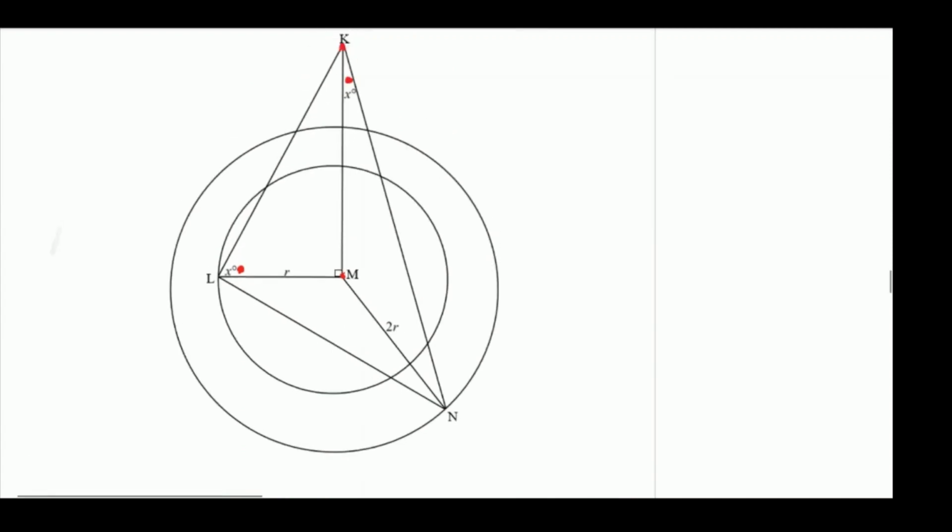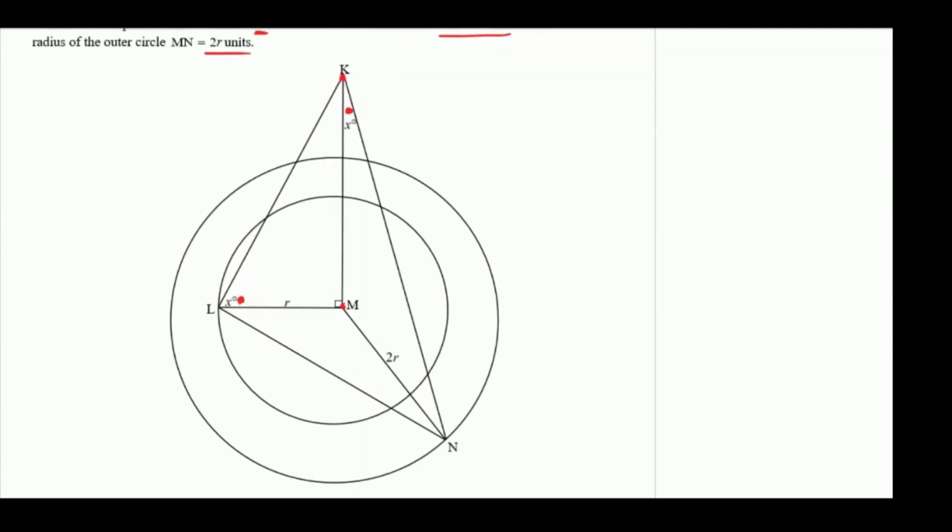If you take a look at this graph and we just look at this triangle that I'm highlighting here, because we want the value of x, the value of x is this angle here of x degrees, right?